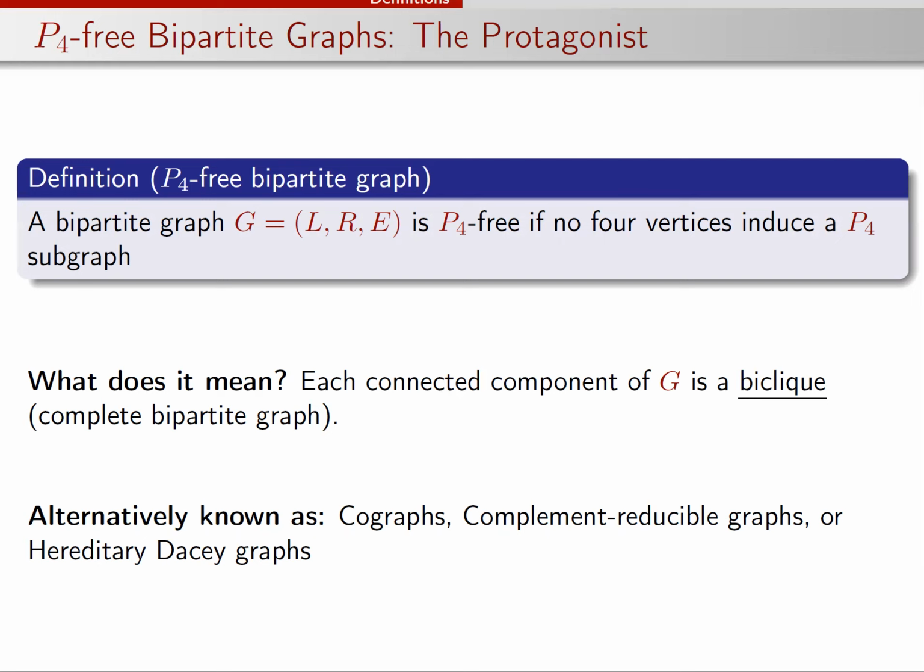It means that each connected component of the graph is a biclique. A biclique is shorthand for complete bipartite graph, in which every vertex on the left bipartite set is connected to every vertex on the right. In the literature, there are some other names for P4-free bipartite graphs. They are also known as chain graphs, complement reducible graphs, and hereditary distance graphs.